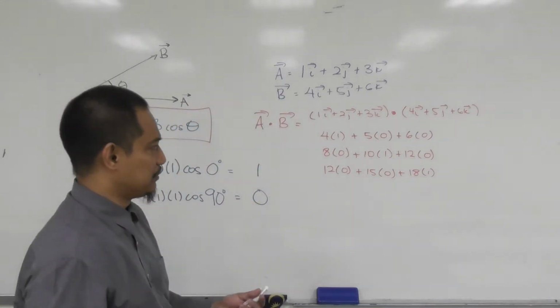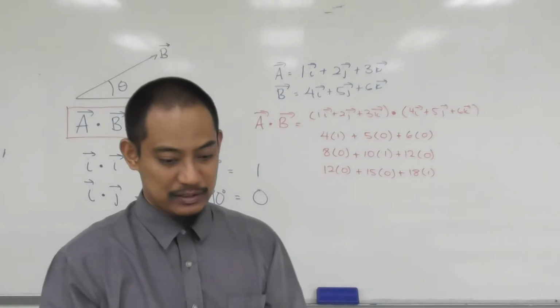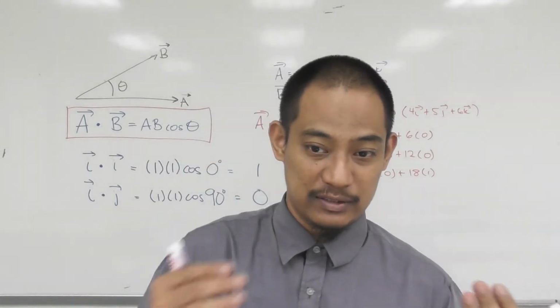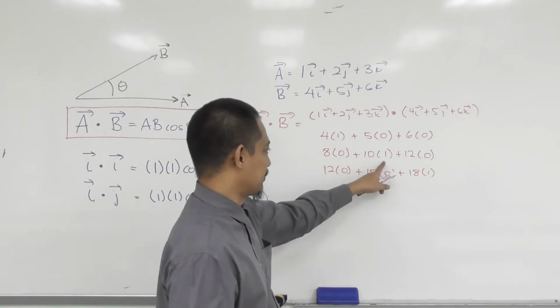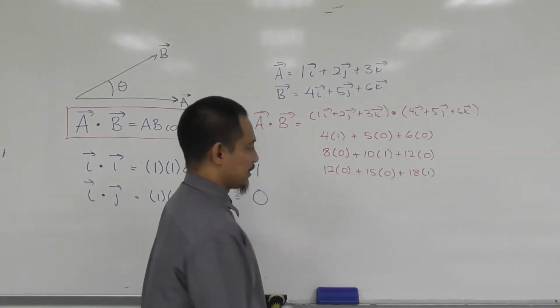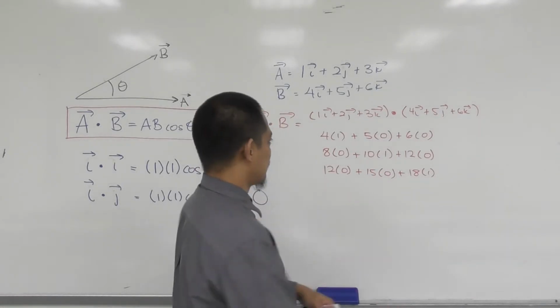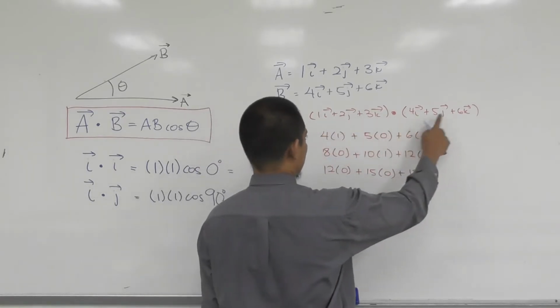So actually, everything that is perpendicular becomes 0, and everything that is on the same line, meaning i and i, j and j, k and k, becomes 1. So what you need to consider is just i and i, j and j, k and k.